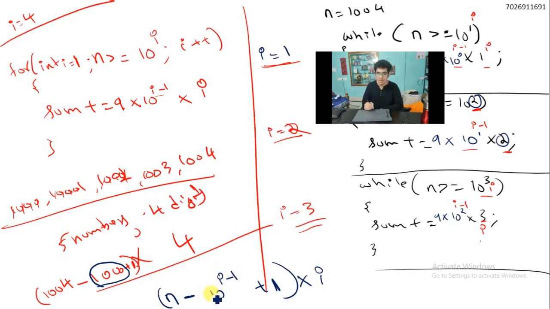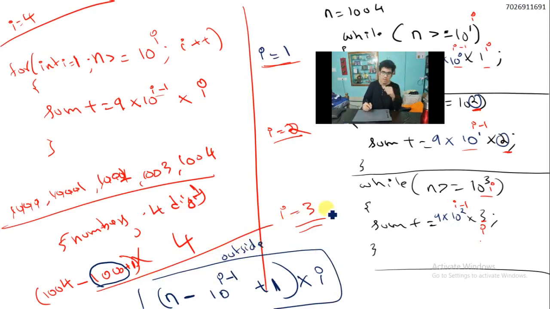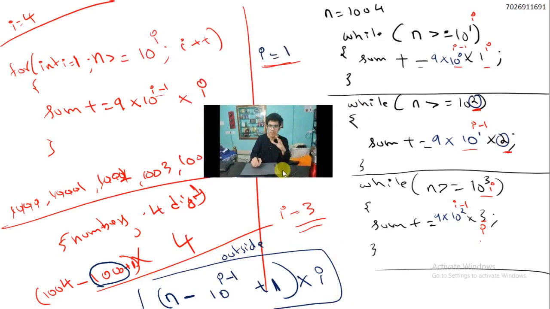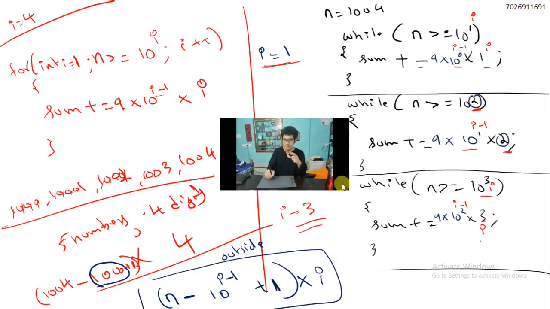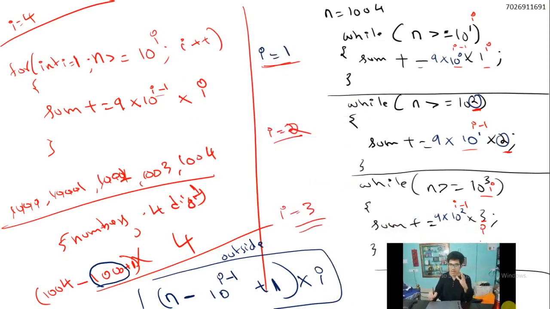That's why it is Math.pow(10, i-1) outside the loop. Please take this screenshot once. So all of these are happening inside the loop, and outside the loop this should happen.